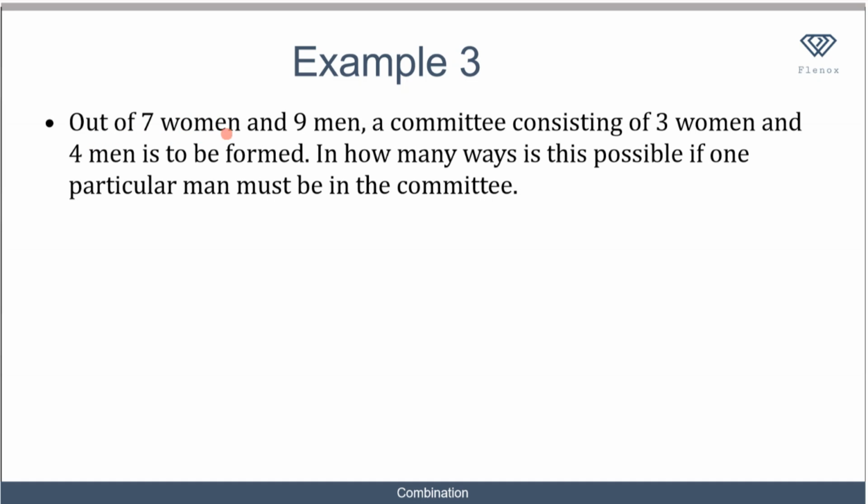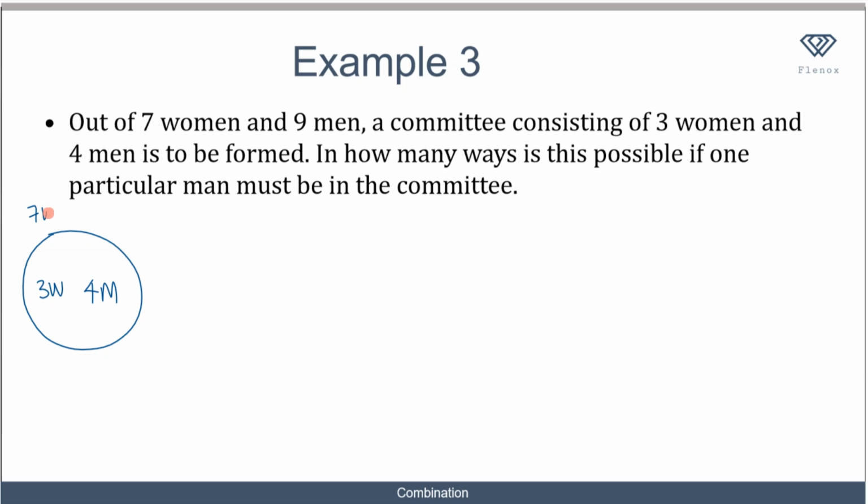So out of 7 women and 9 men, a committee consisting of 3 women and 4 men is to be formed. So now what do we want to do? We want to form a committee, and the committee is going to be made up of 3 women and 4 men. Okay, and the total number of women is what?